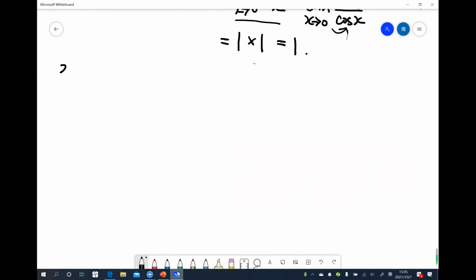To calculate the limit, let me see the question, that is the limit as x approaches 0 of (x squared minus x plus sine x) by 2x, right? So first, for this question, you can separate the function.